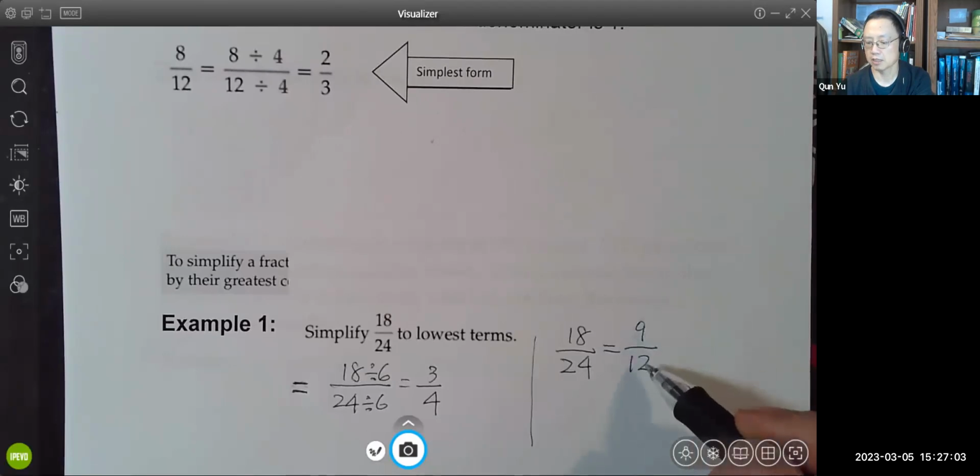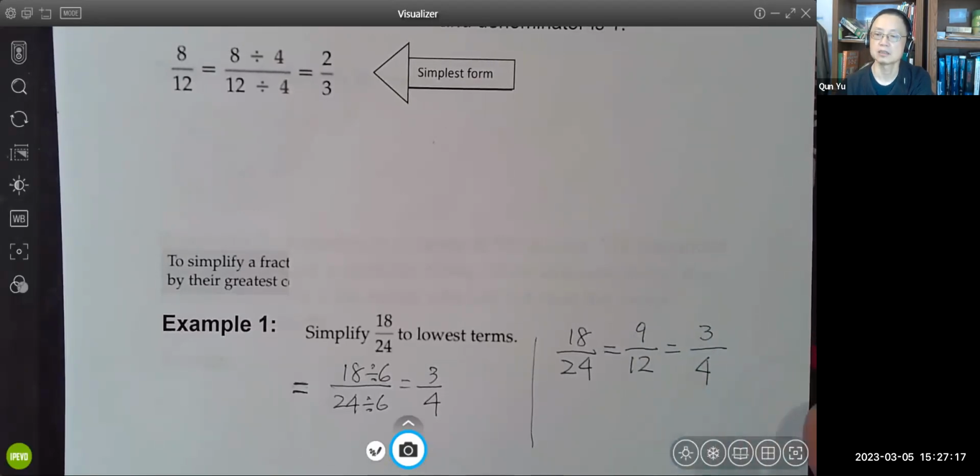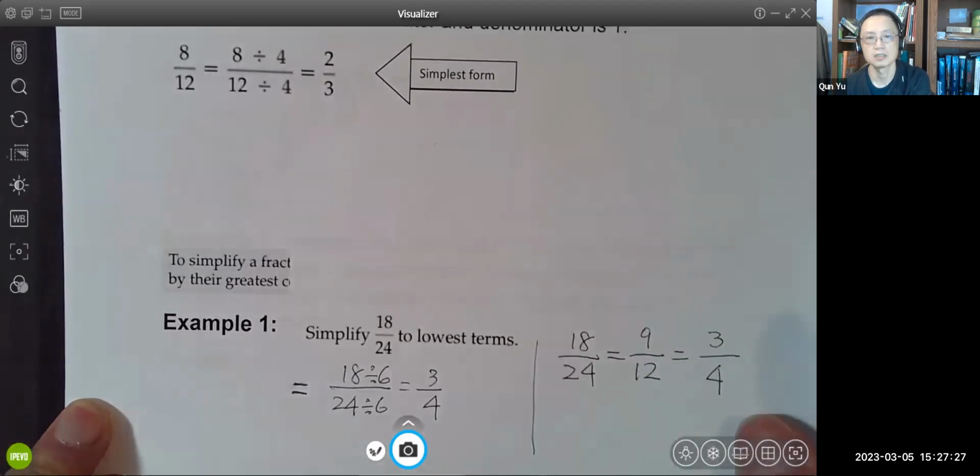But take a look at it, because we want to have lowest term, and both numbers can be divided by 3. So we continue to divide both numbers by 3. So there's going to be 3, there's going to be 4. You see, eventually we get the same answer as long as you divide both sides by the same number until there's no common factors in between.